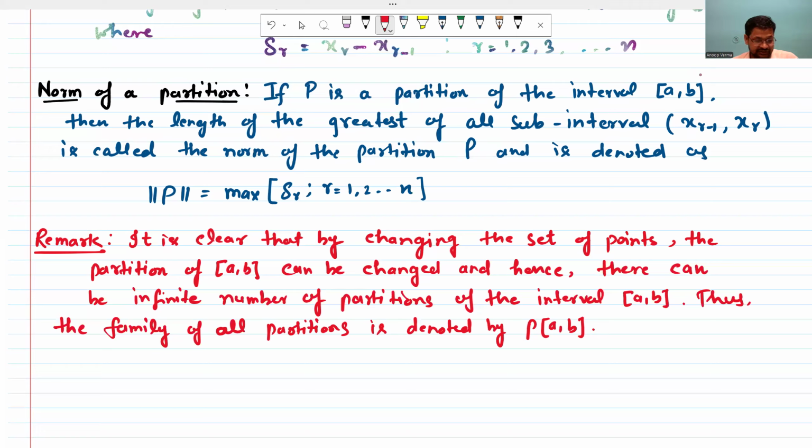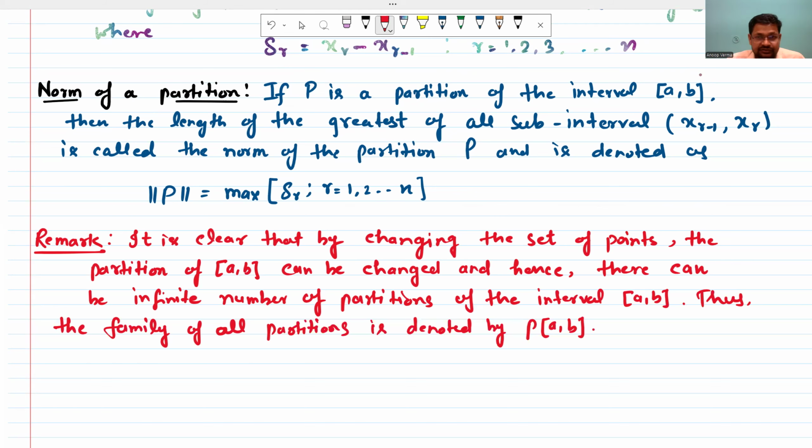I hope you understood what a partition is. If we take some partition and we have subintervals, that is the partition, and the norm of a partition is the maximum length subinterval. It means the maximum length is called the norm of that partition.